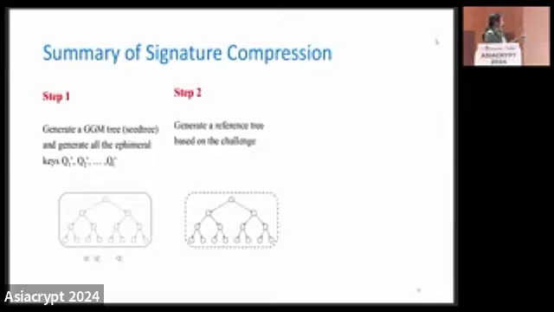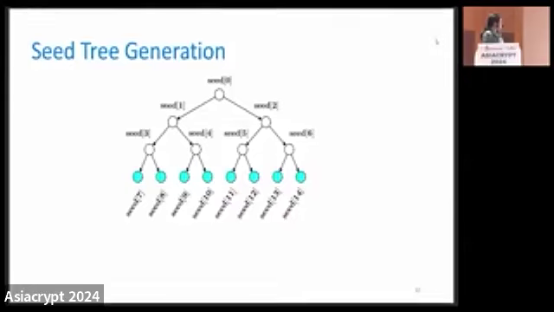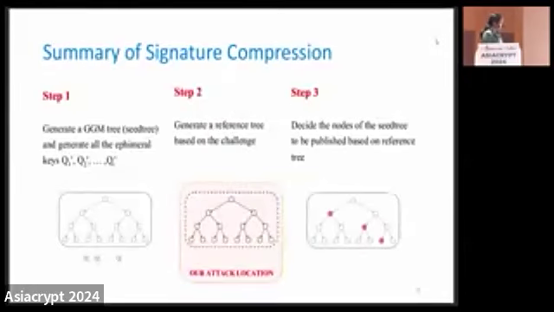Then, using the challenge value, the signer generates a reference tree, which is a binary tree. Third, depending on this reference tree, the signer decides which nodes of the seed tree will be published and which will be hidden. And our fault location is on the reference tree. I will explain each step very briefly.